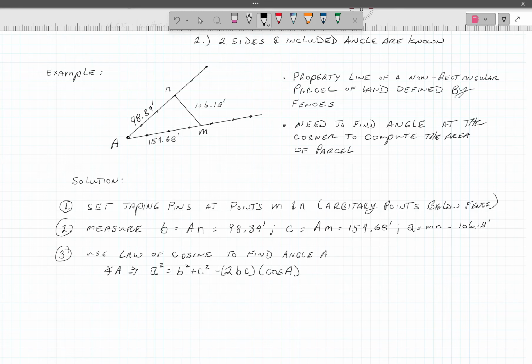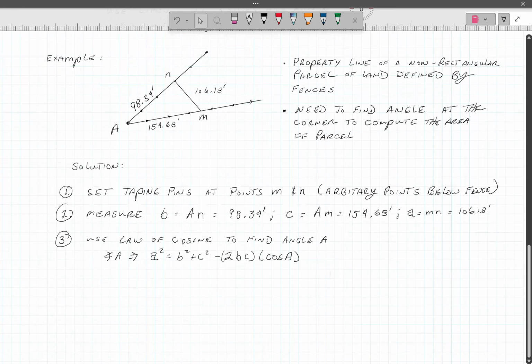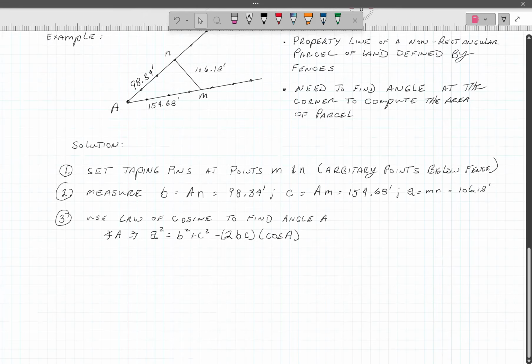So this is going to look like this, and you can substitute all these letters for a few things here. MN squared is what A is.